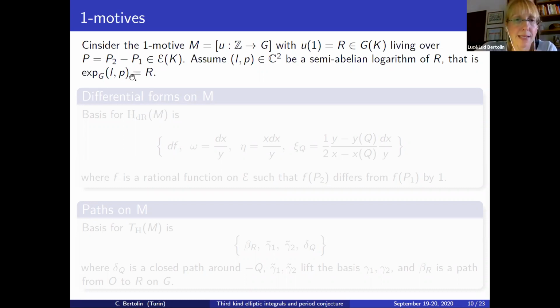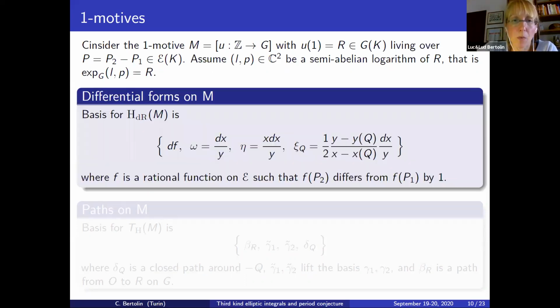So as a basis of differential forms on M, I choose omega, the differential form on the elliptic curve of first and second kind. Then we have zeta_Q, the differential form of third kind on the elliptic curve.